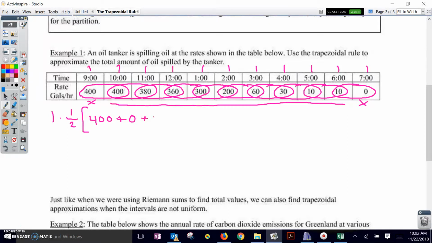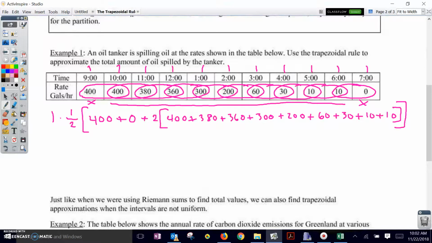And then all the other measurements are counted twice, so I'm going to double all of those. This is the best approach for us to take when we have uniform width trapezoids.